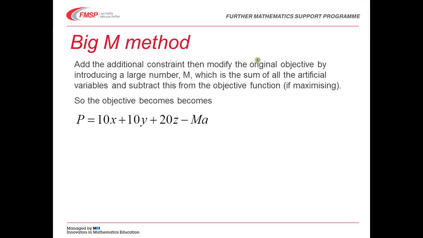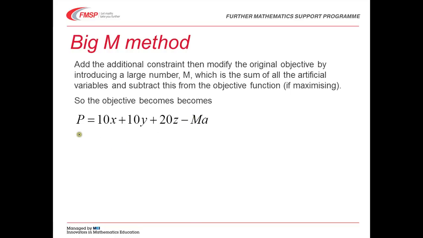We add the additional constraint as normal, and then we modify our original objective by introducing this large number M, multiplied by the sum of all the artificial variables, and subtracting it from the objective function if you're maximizing. So the objective for this one will become P is equal to 10x plus 10y plus 20z minus MA.